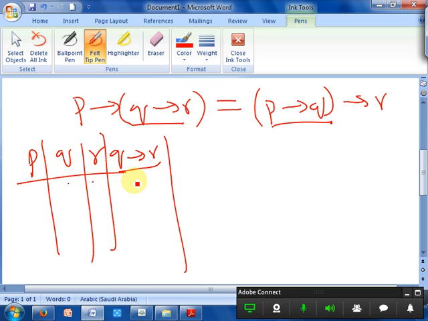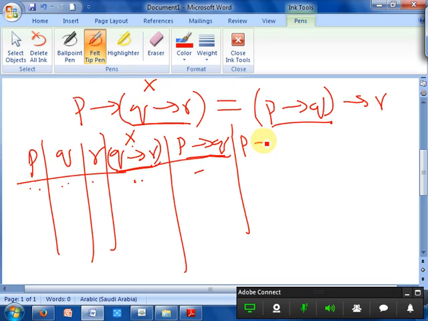What is Q then R? Then you take P then Q. You take P and Q, what is the result? Then you take P then QR. Or let it be X. So here it is X. So it is P then X.